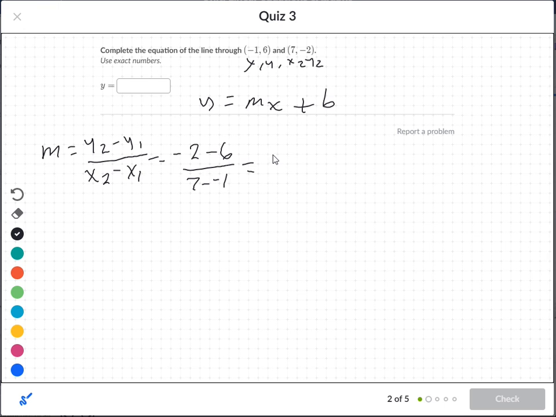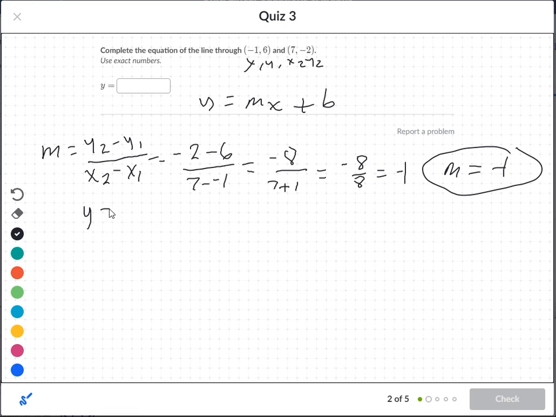Negative 2 minus 6 is a negative 8. The double negatives do turn into a plus sign. So we end up with negative 8 over 8, which reduces down to a negative 1. So m is a negative 1. Now I can say that y is equal to, replace the m with a negative 1x, and now we have to figure out what the b is.